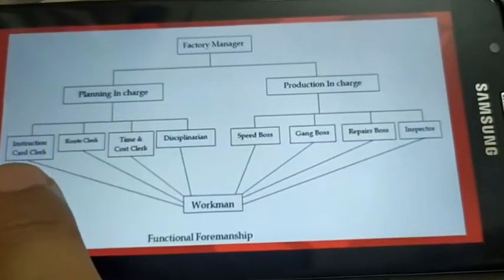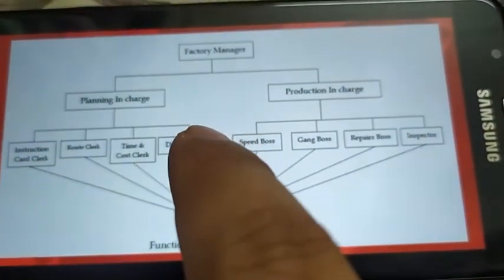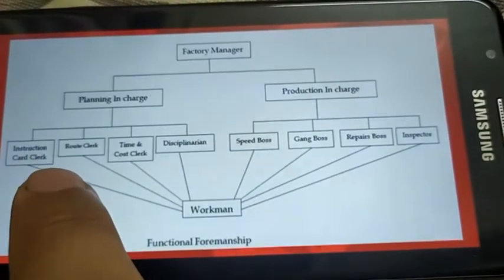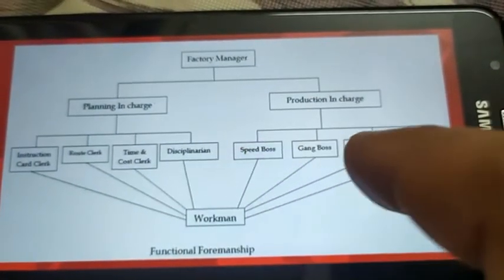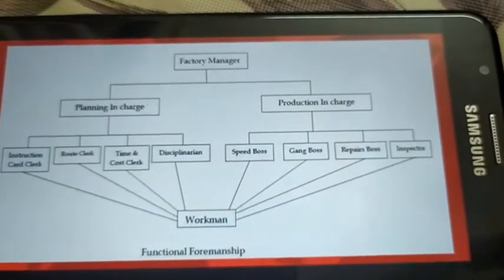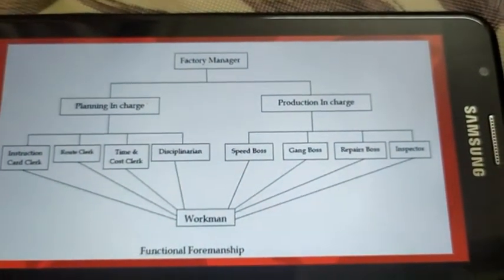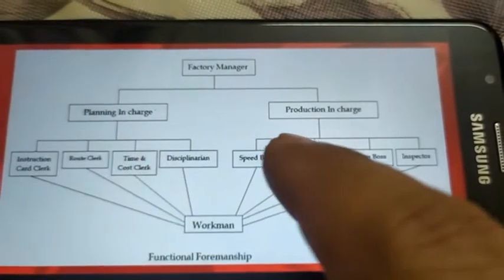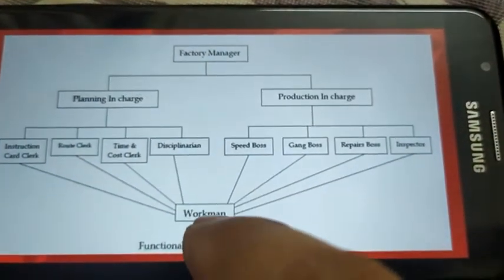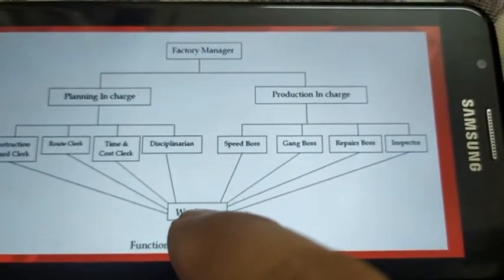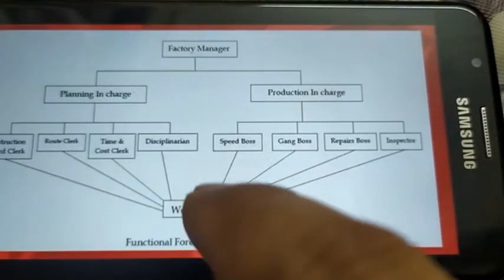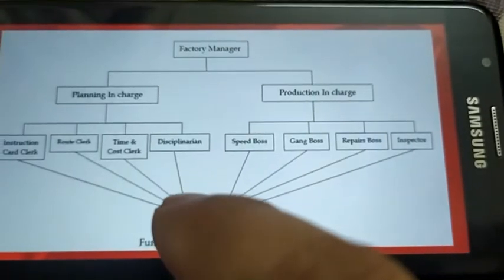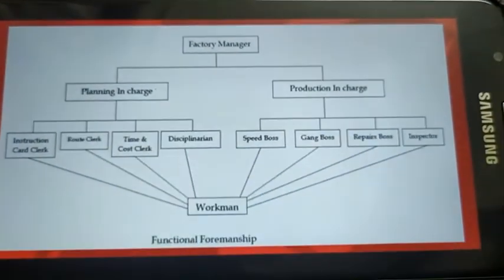The planning department will have 4 functional specialists, and the production department will also have 4 functional specialists. These 8 functional experts will be supervising, instructing and guiding the workmen. The different workmen will be supervised and helped by these functional experts.